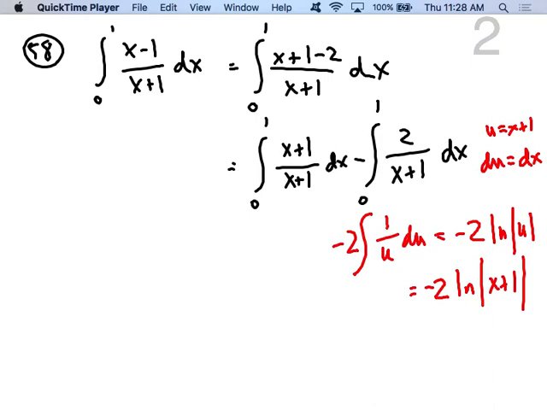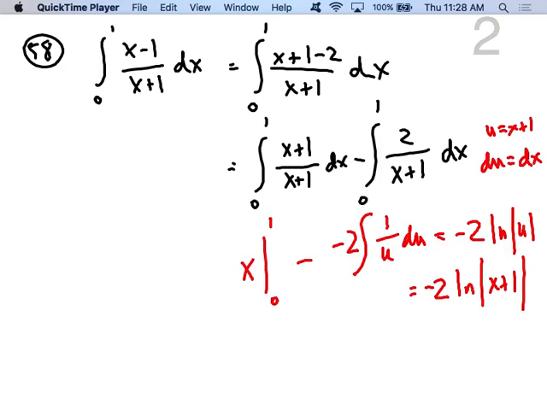Evaluate that from 1 to 0, evaluate that from 1 to 0, and subtract the 2. And you might get some answers because they're not expecting you to know what the natural log of 2 is off the top of your head. Your answer will be in the form of a natural log.